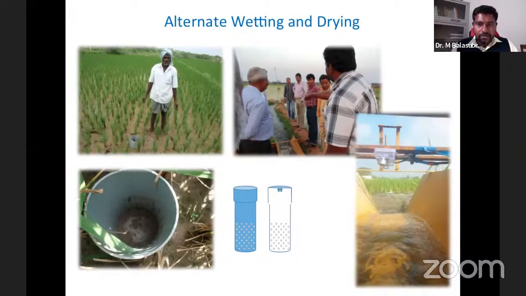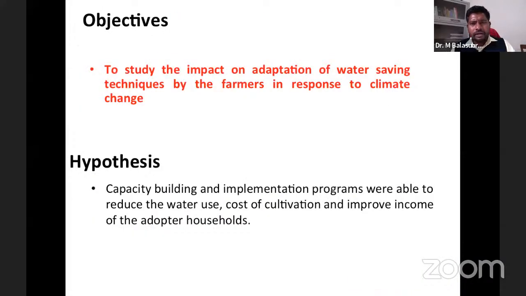That is our objective. Our hypothesis here is that capacity building and awareness programs on these water adaptation practices, and how to implement them in their fields, reduce water use and cost of cultivation and improve the income of the adopter farmers. We want to see whether this capacity building and participation reduces water use or cost of cultivation or increases income.